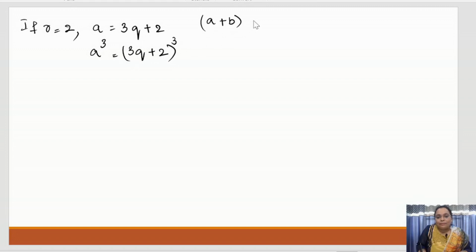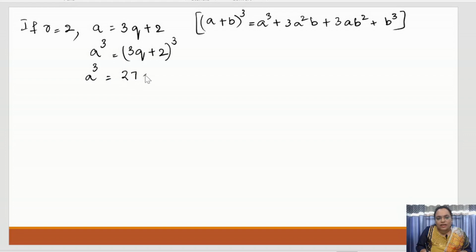You can again expand this using the formula a plus b whole cube, which is a cube plus 3a square b plus 3ab square plus b cube, which will be 27q cube plus 3 into a square, which is 3q square, that is 9q square, into b, which is 2.